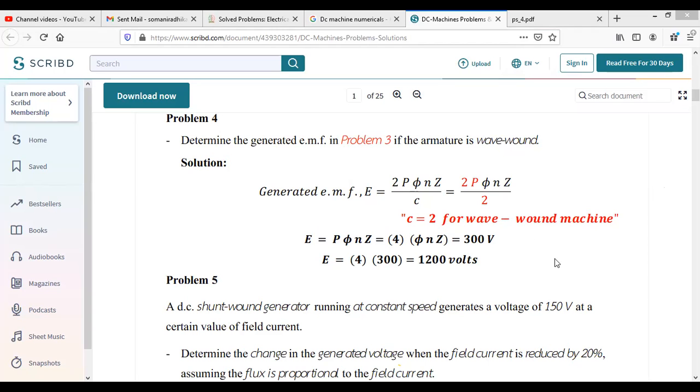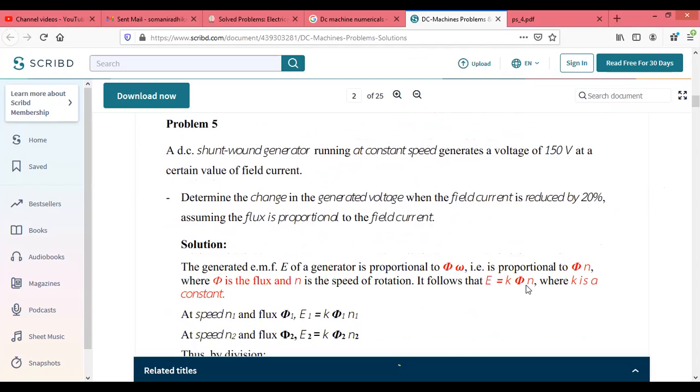Okay. हाँ. So here again now we can solve for one DC shunt motor जो कि हमने कल solve किए थे. हाँ. So here is the question. A DC shunt wound generator running at constant speed generates voltage at certain value of field current. We are having the question like determine the change in generated voltage when field current is reduced.